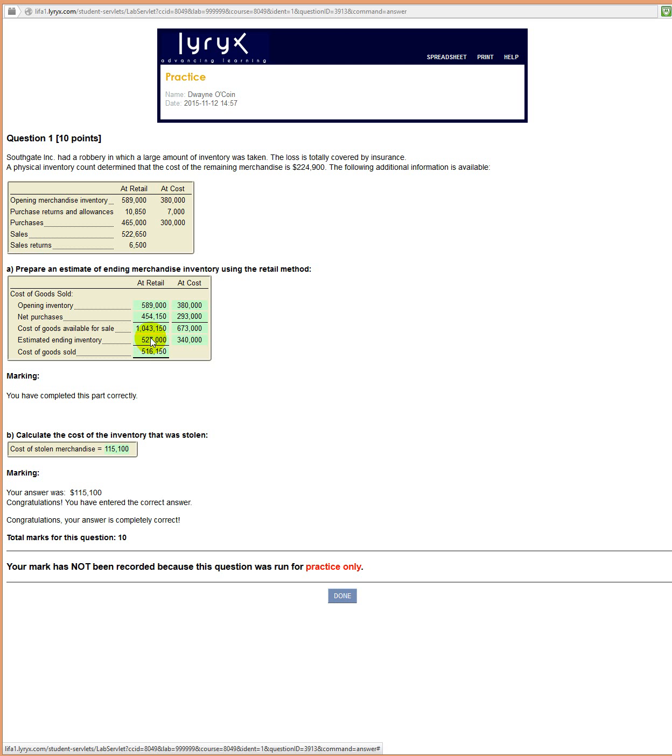Then we estimate the ending inventory as $527, which means we assume that we sold $522,650 minus the $6,500 sales returns. The amount we sold comes out of the retail value of cost of goods available for sale, and then we use that $527,000 at the same ratio as the cost to retail cost of goods available for sale. We use that ratio to determine the amount of inventory we should have had, and that gives us the estimate of the ending inventory. And that takes care of it. We're done.